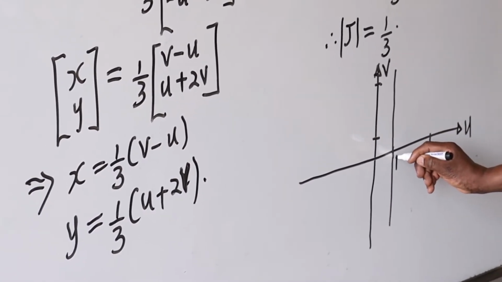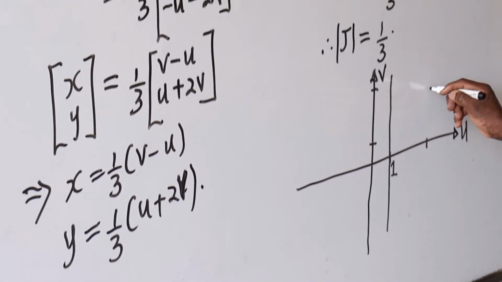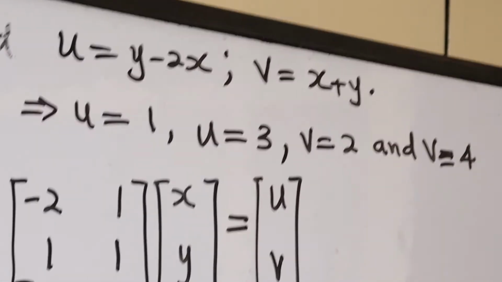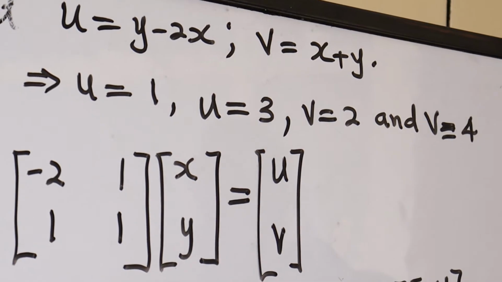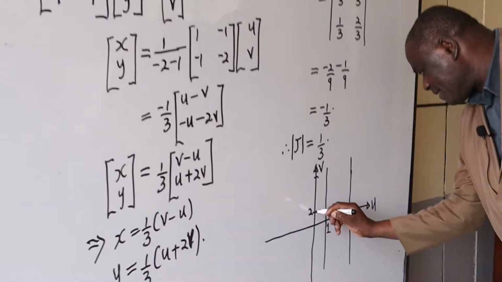Here is 1. We have u equal to 3, a straight line passing here. So there is 3. We have v equal to 2, let's say there is 2.